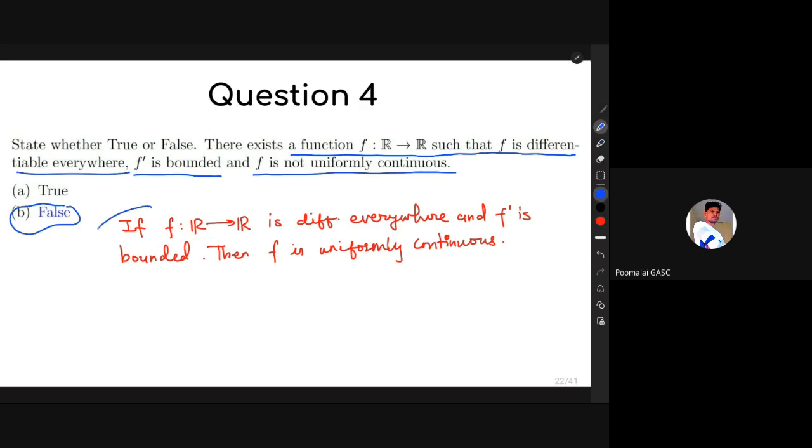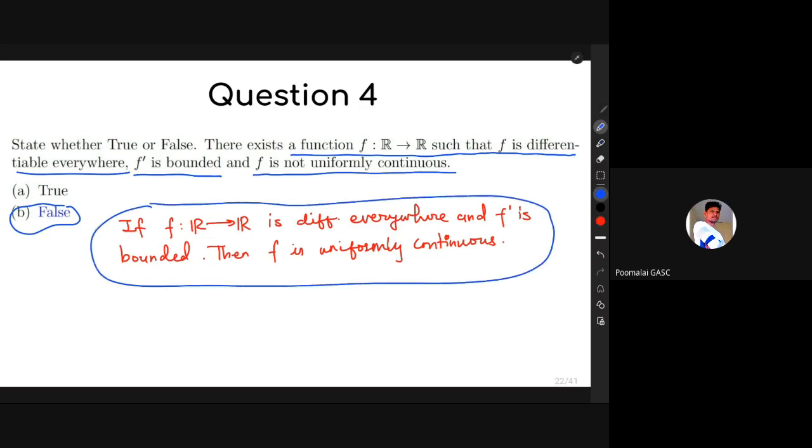Since this fact will be true, this statement is false. Okay, is this clear?